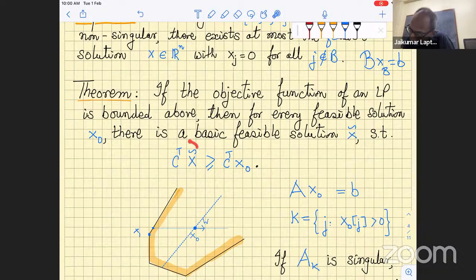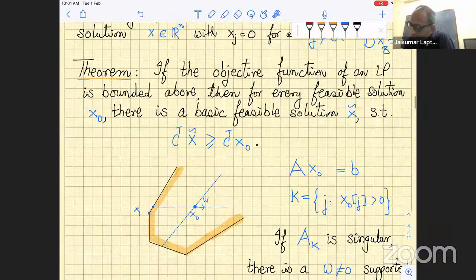Depending on the solution you have given me, I can construct a basic feasible solution which will do at least as well. Which means that when you have a system in equational form, you can restrict attention to basic feasible solutions when you are searching for the optimum solution. Is the theorem clear? We'll come to its proof.